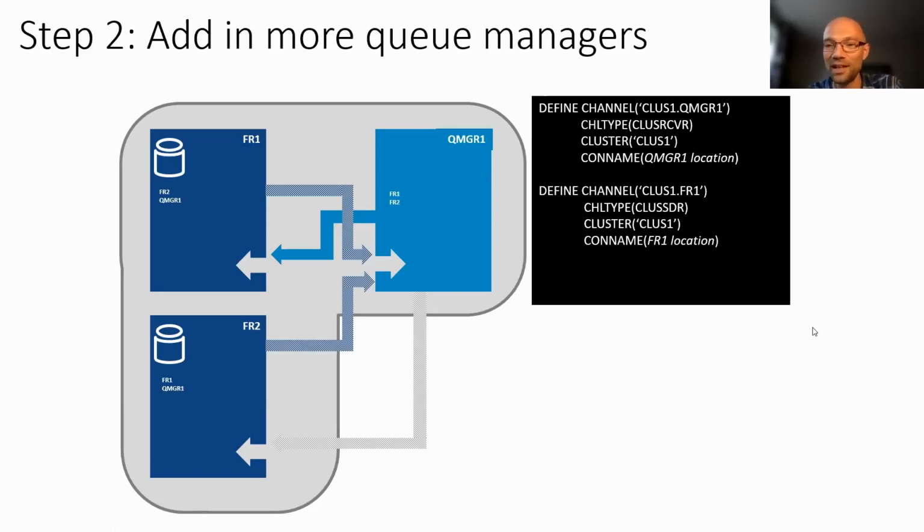And there's a question in the chat about if two full repositories have performance issues, will adding an additional one improve things? Generally not, because the issue with having more than two full repositories is that the partial repositories, or the other queue managers in the cluster, only publish information out to two full repositories about things like cluster queues that have been defined in them, and you wouldn't want information to be incomplete on some of the full repositories in your cluster.